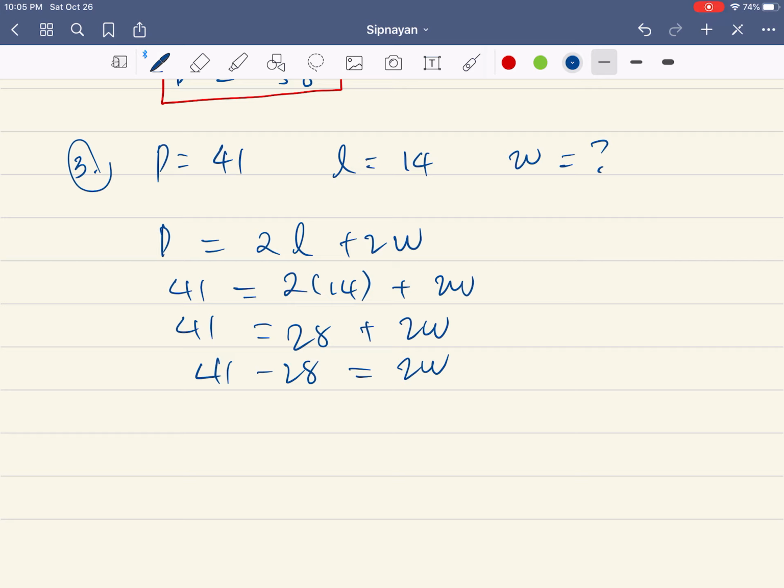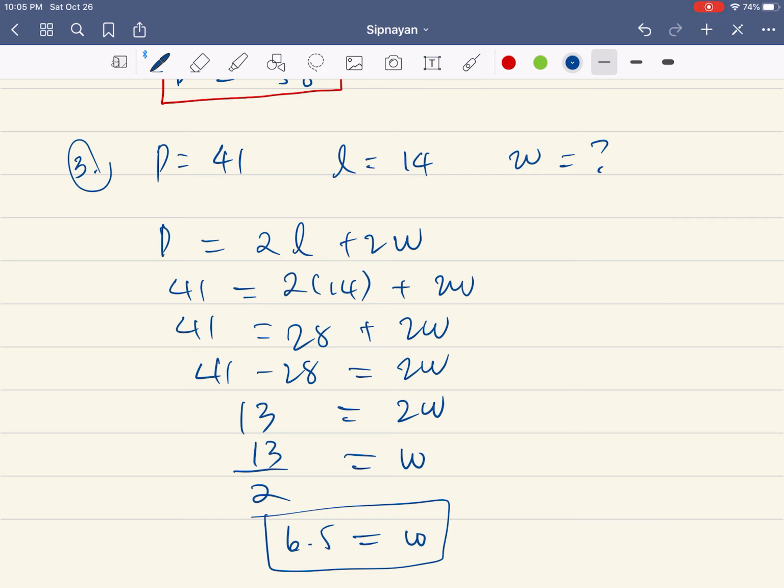And I subtracted 28 from both sides, no? Para mawala yung 28 sa kanan. So this is 13. 41 minus 28 is 13. 2W, which means that W is equal to 13 divided by 2, or W is equal to 6.5.